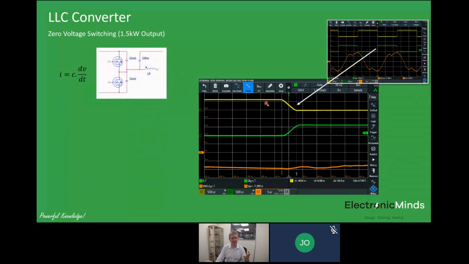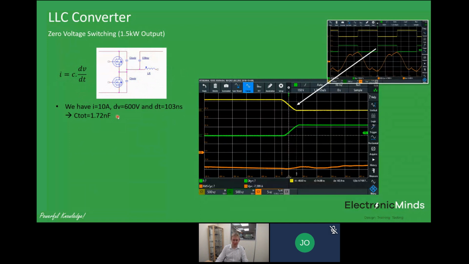The key thing here is we know how long it takes to do this, so we know dt, we know the change in voltage, and we know the current driving that. So we can estimate the total capacitance on that node for that transition. In our case, under those operating conditions, we have an effective capacitance on that switching node of about 1.7 nanofarads.